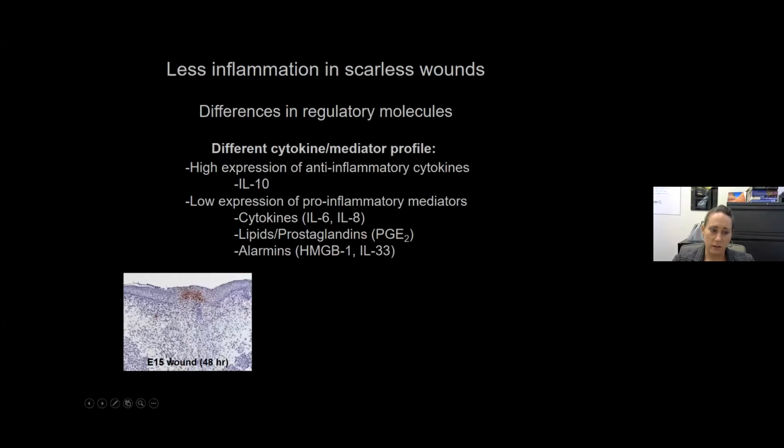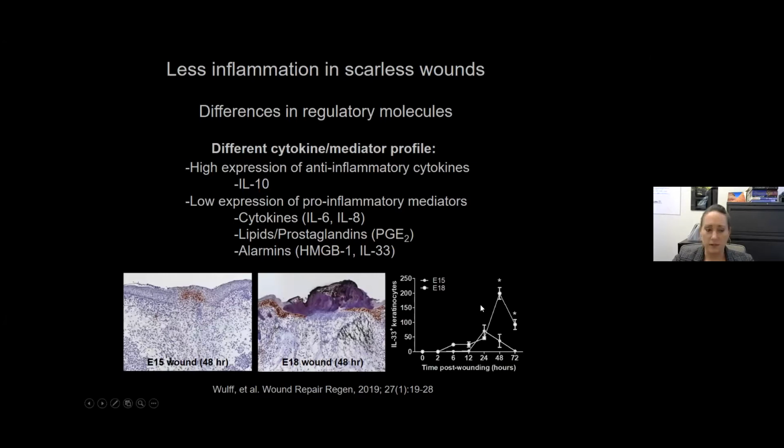You just see a few cells here that are expressing IL-33. You see much more IL-33 expression in E18 wounds, the wounds that heal with a scar. And this is just the quantification here showing that E18 scar-forming wounds have much higher levels of IL-33.